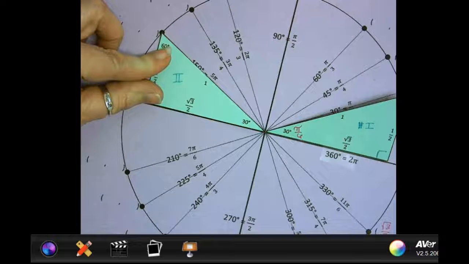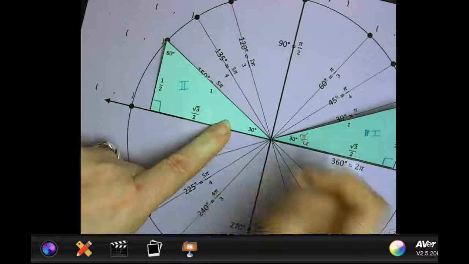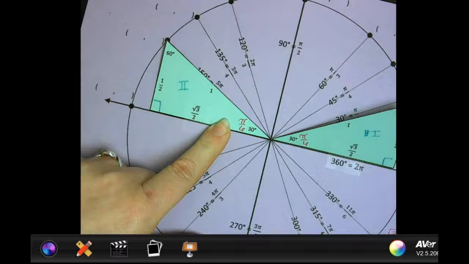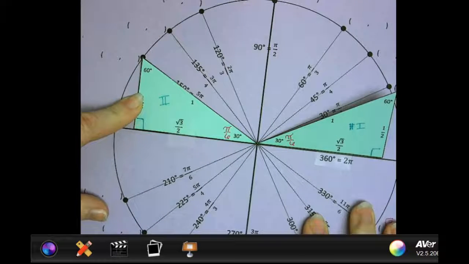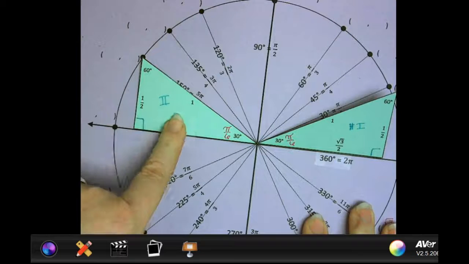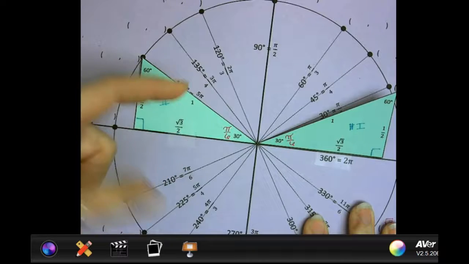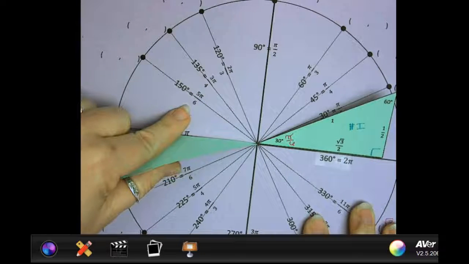Take it and tape it down. That 30 degrees is pi over 6. This angle right here on the circle, the angle to get to this point, is 5 pi over 6.